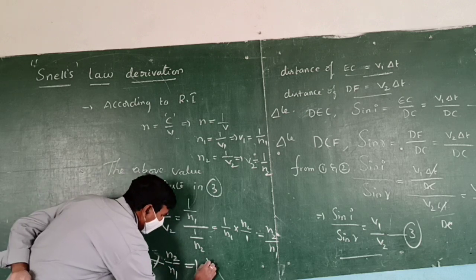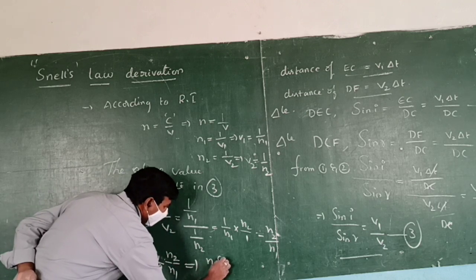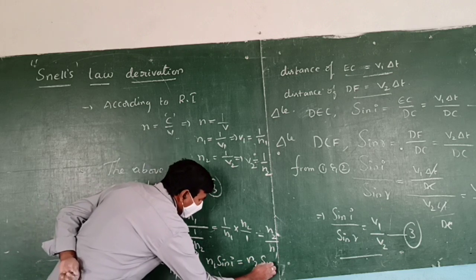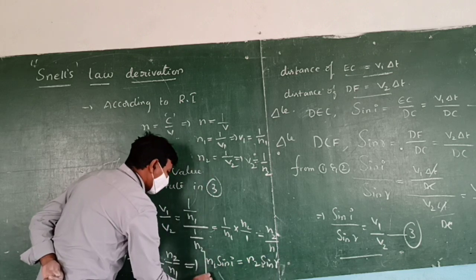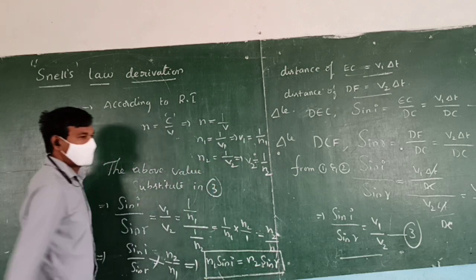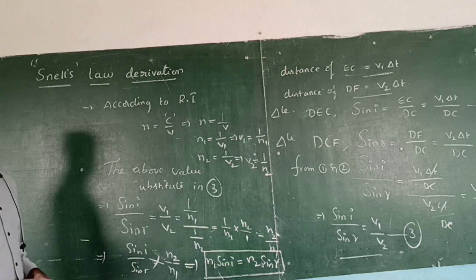N1 sin i equals N2 sin r. This expression is called Snell's law.